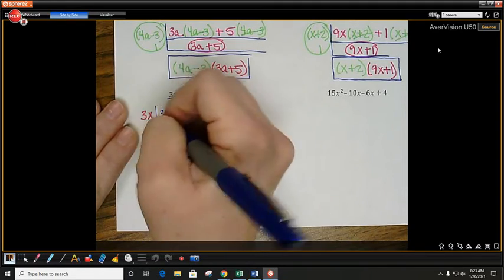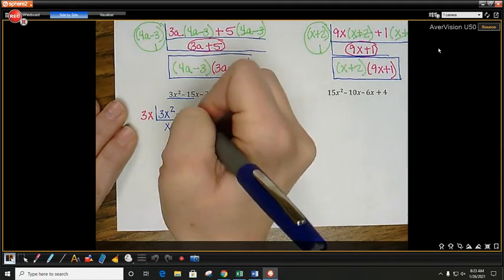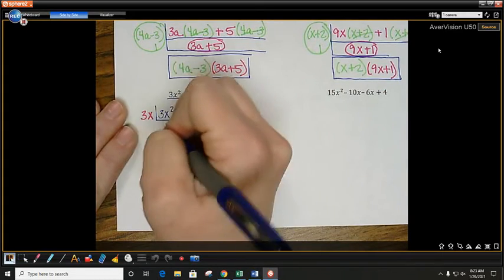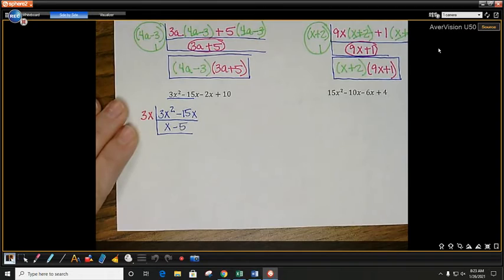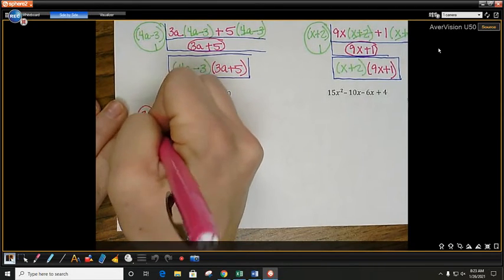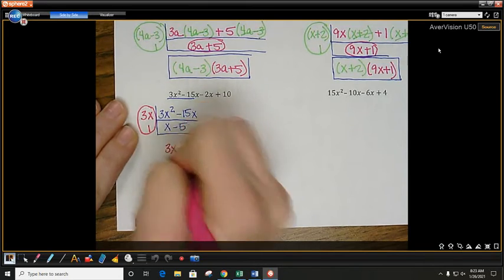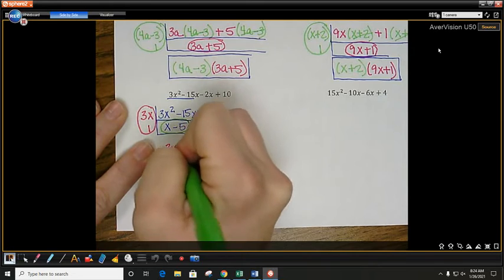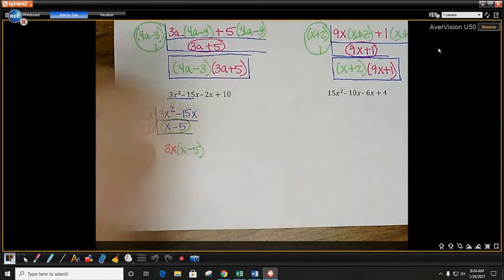I take one of the x's out, so I'm left with just x. Negative 15 divided by 3 is negative 5. You have an x, but you took an x out. The only common factor with x and negative 5 is 1. So you have 3x times the last row of the upside down division.